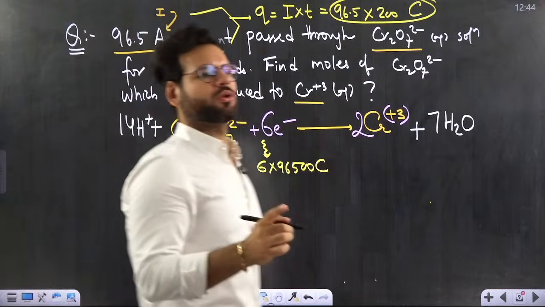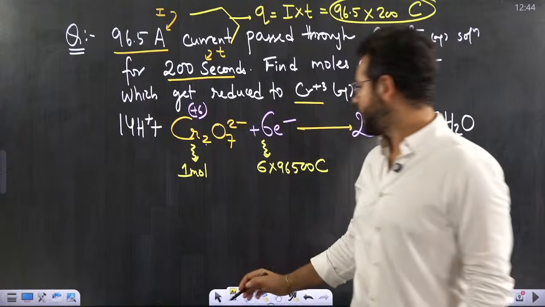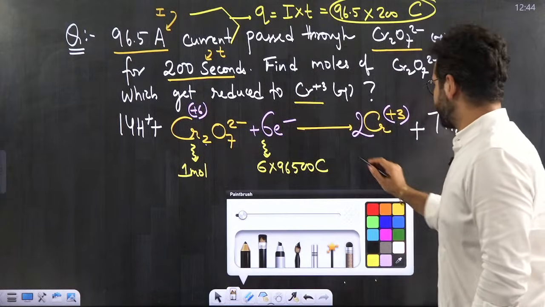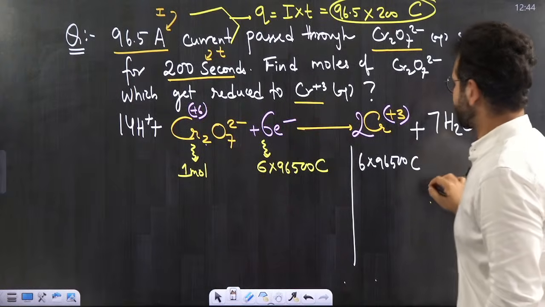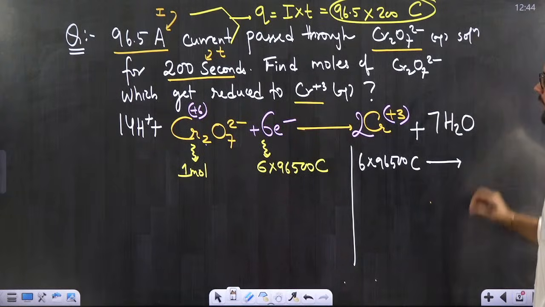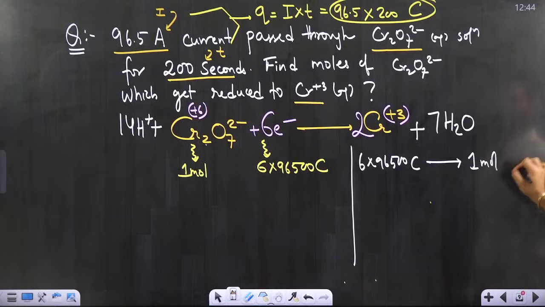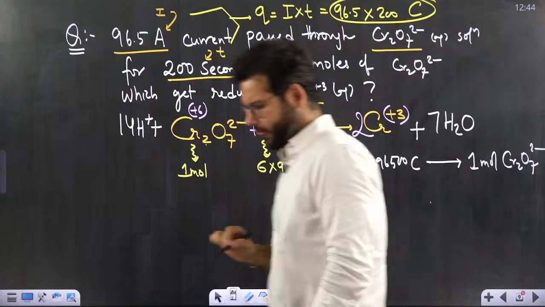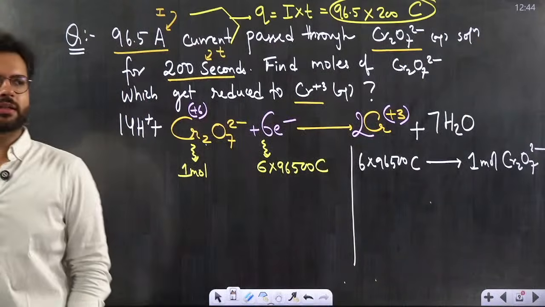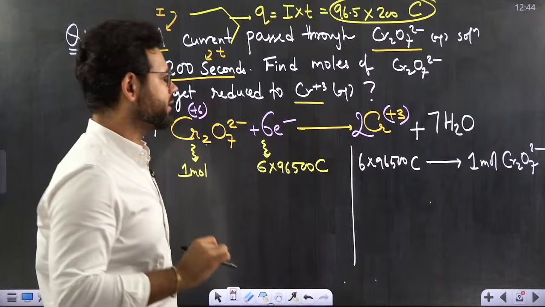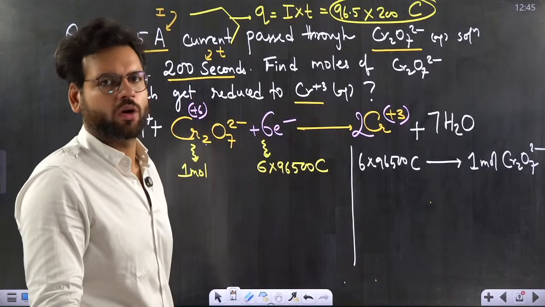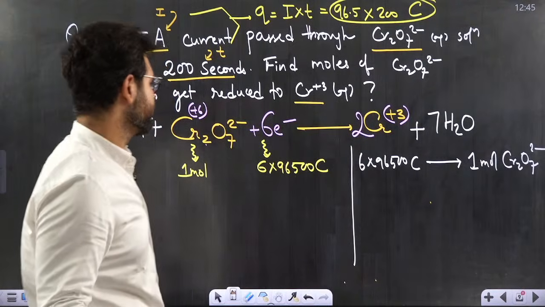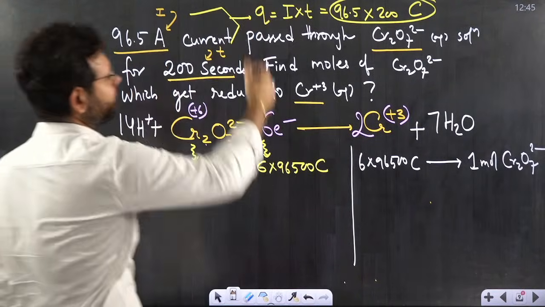Charge is known to me, so I'll keep charge on the left hand side. When 6 into 96500 coulomb charge is passed, 1 mole dichromate gets reduced.